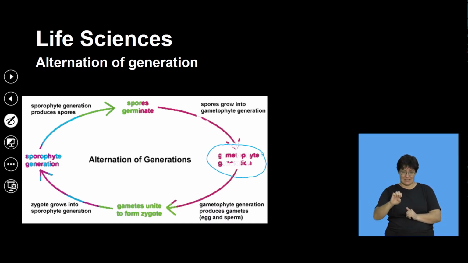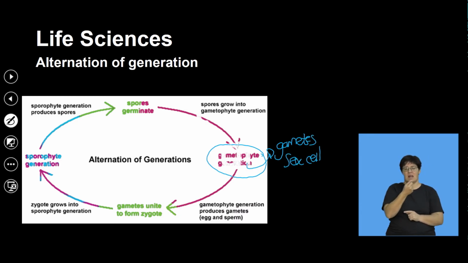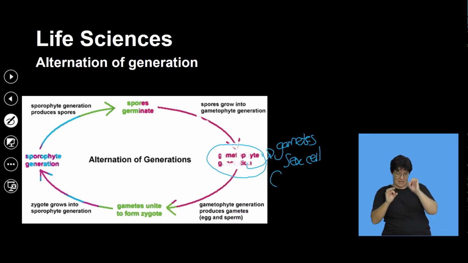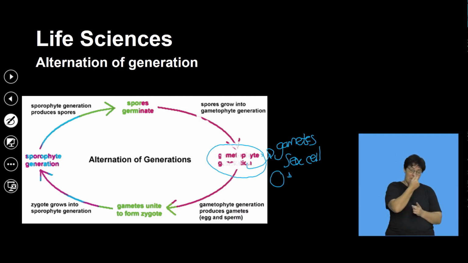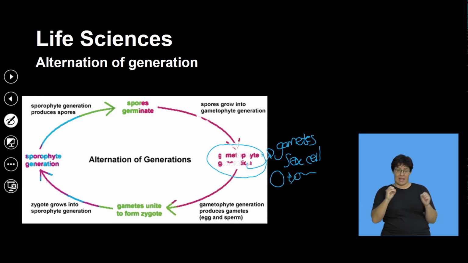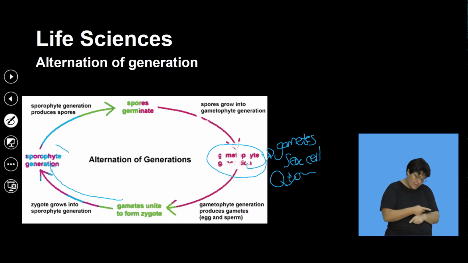And what that means is this Gametophyte produces gametes. And a gamete is a sex cell. And if I've got a male and a female, say an egg and a sperm, if the gametes fuse, they make a sporophyte generation. And what does a sporophyte generation do?